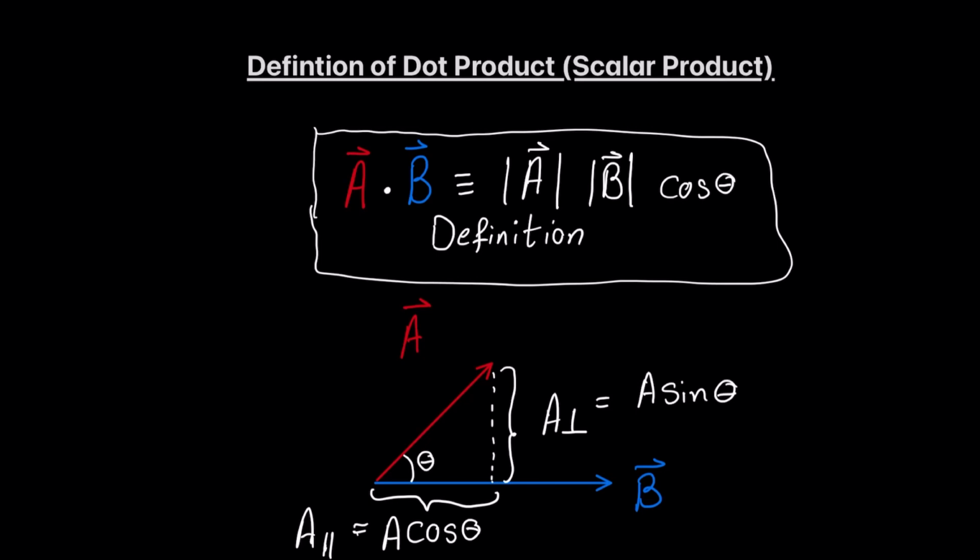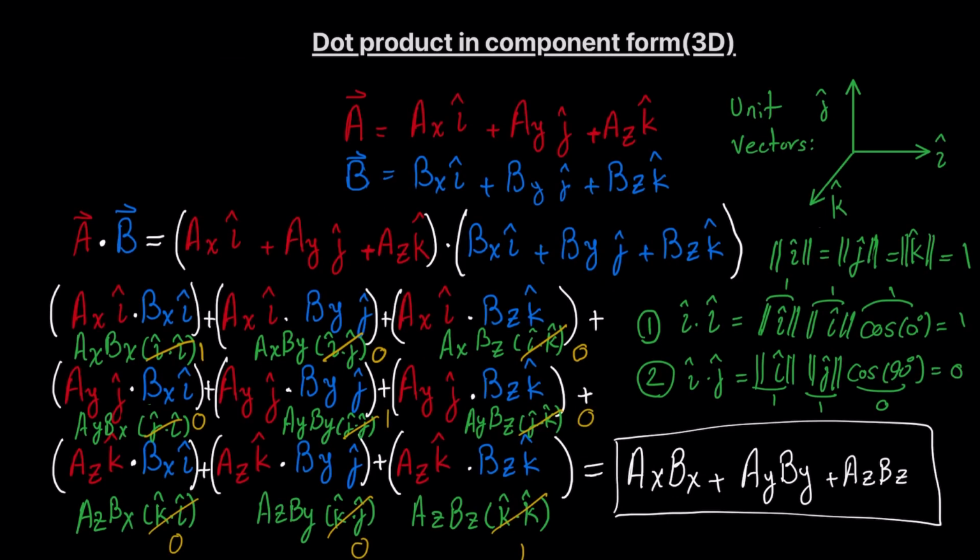To get i hat dotted with i hat, we have to do magnitude of i hat, which by definition is 1 because it's a unit vector, times magnitude of i hat, which is 1, again, a unit vector, times cosine of 0 degrees, which is also 1. So i hat dotted with i hat gives us a 1. j hat dotted with j hat, with the same reasoning, gives us another 1. These are all marked up in yellow.